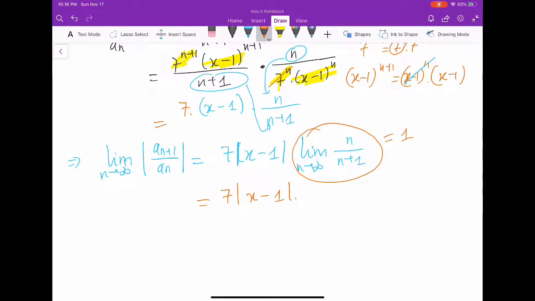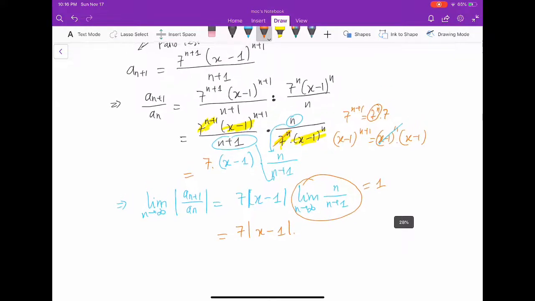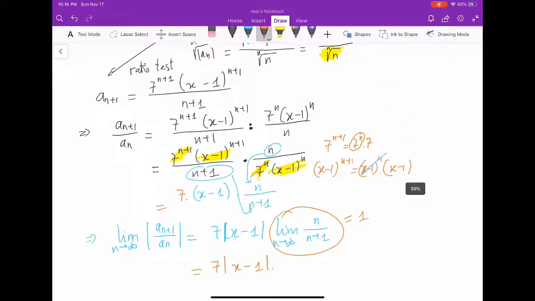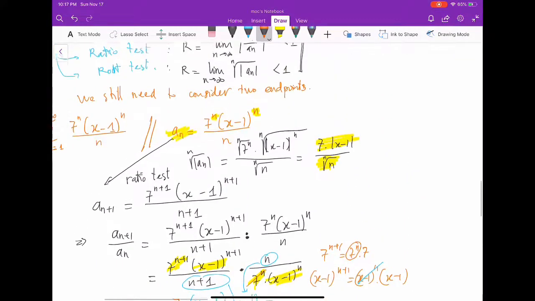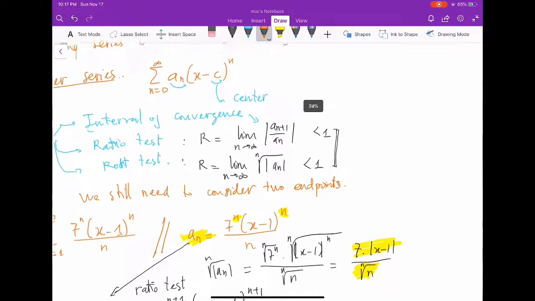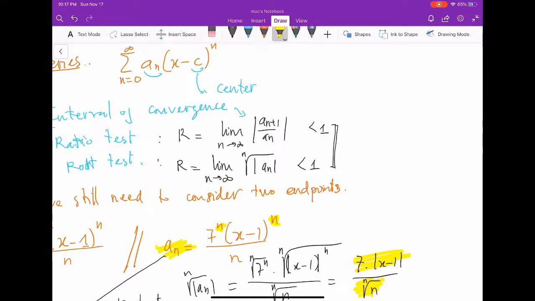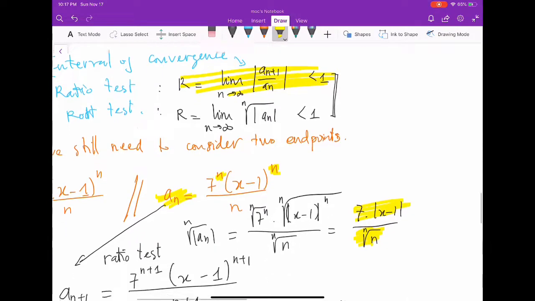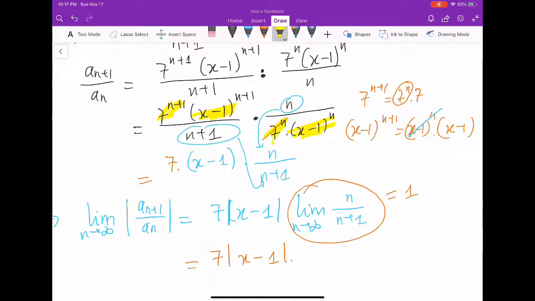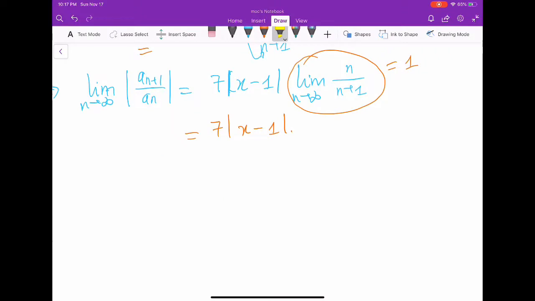As we said previously, we need to set this less than 1, and then we solve for x. So I have the absolute value of x minus 1 less than 1 over 7.